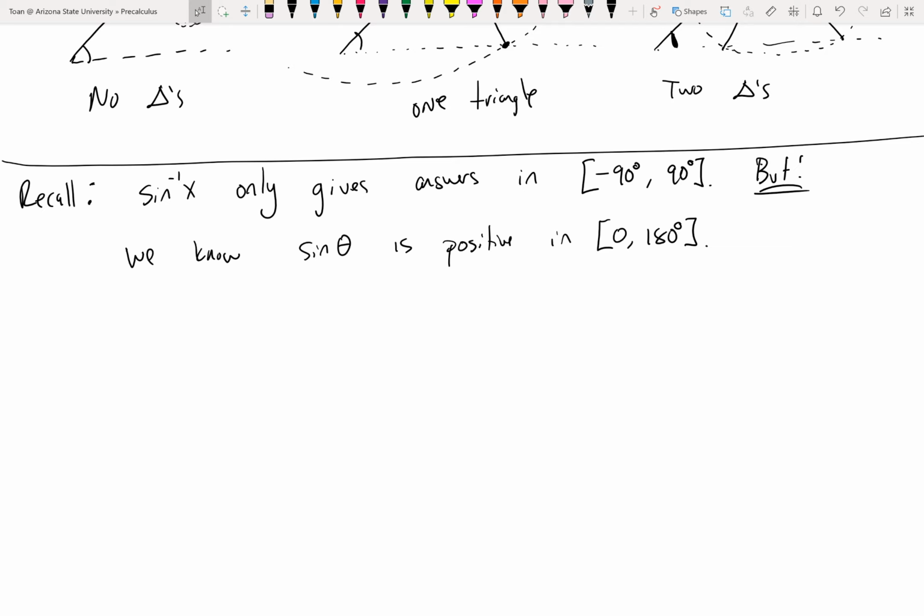Sine of 40 degrees is the same thing as sine of 140 degrees, so on and so forth. So because sine is positive in the first and the second quadrant, when you take an inverse sine of a positive value, you always have to ask yourself, is an answer in the second quadrant possible? So that's how you know. That's sort of like the big idea.